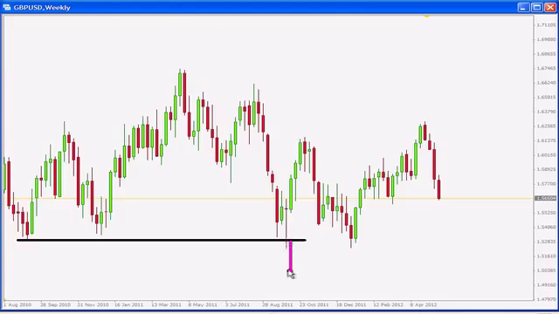The farther down it goes, the better, because that means more traders are tricked, more sell orders are triggered into this fake breakout, and therefore the reversal is going to be much stronger, because more people are going to fear losing their money, and therefore they will close and reverse their positions as price turns up. Okay, so again, as a general rule of thumb, the longer the nose of the fake candle stretches through the support line, the better.